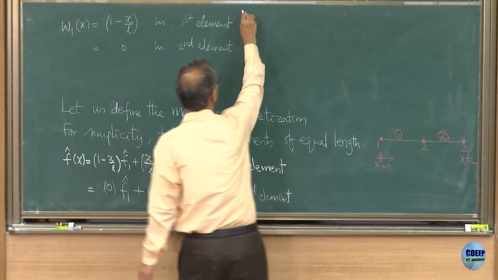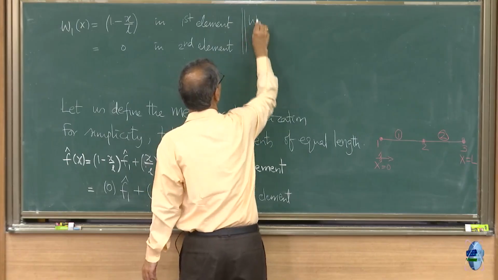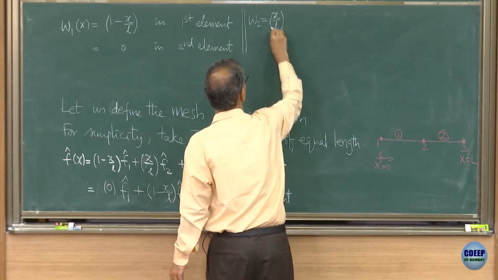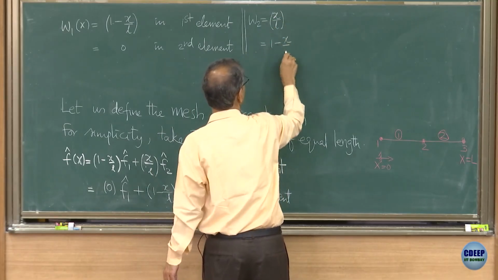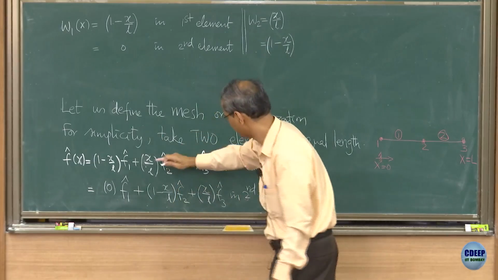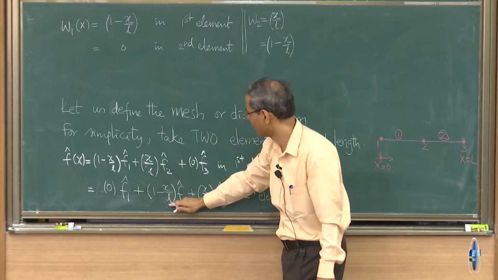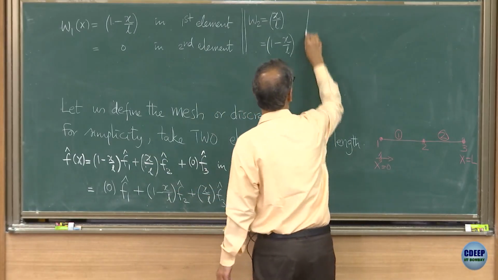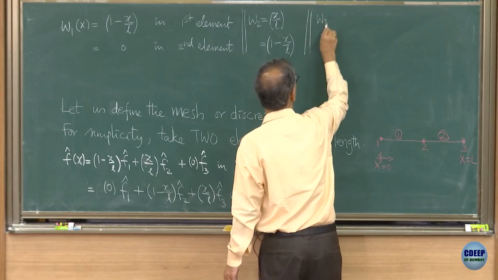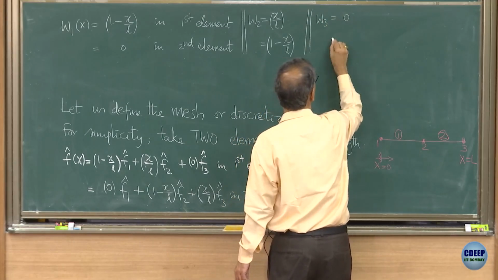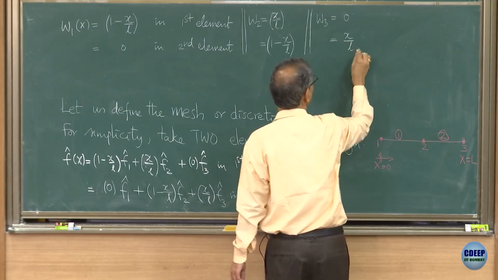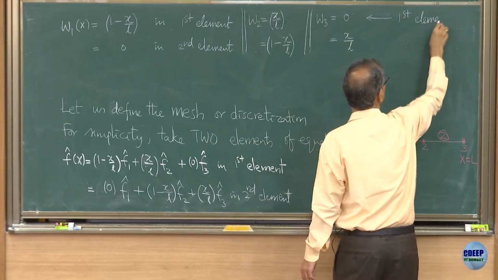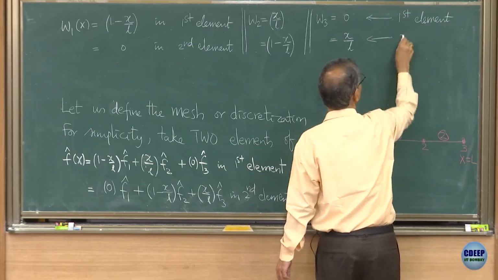Now W2 will be x by L and 1 minus x by L. What multiplies F2 hat, that's all I am choosing. Then W3 will be 0 and x by L. The first row corresponds to the first element and this corresponds to the second element.